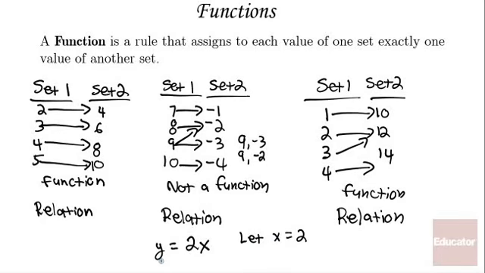So if I plug that in, I'm going to find that y equals 2 times 2, or y equals 4. And that's one of the values up here, actually. So sometimes I can explain a function as an equation. Sometimes the function is just a given set of numbers. Other times it's described by an equation.